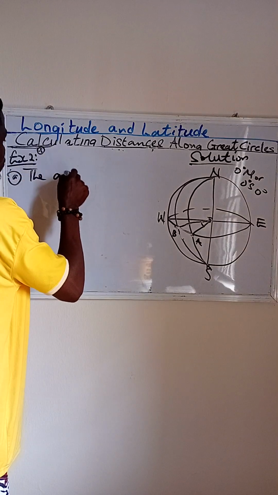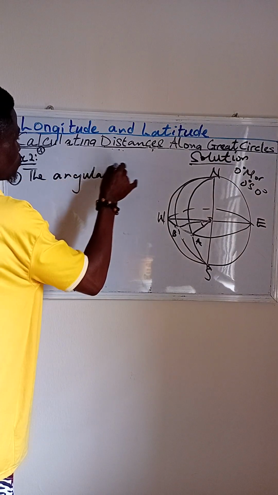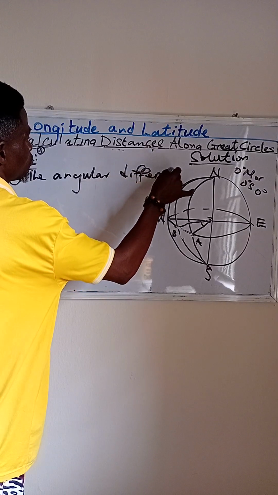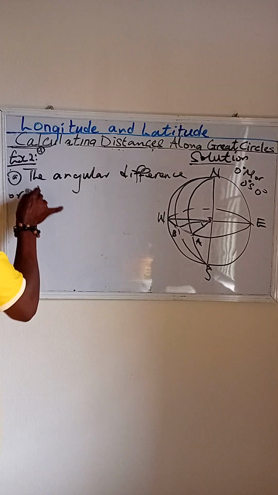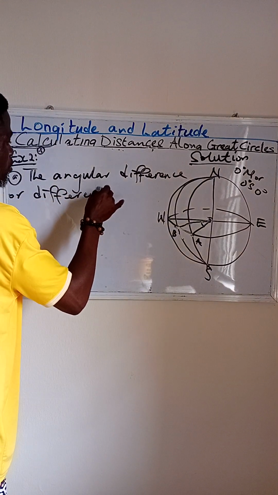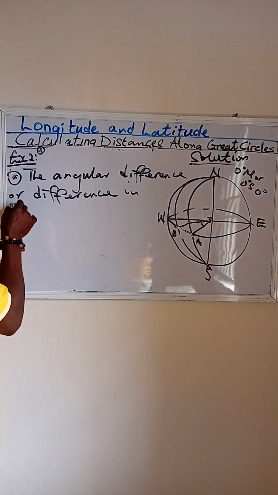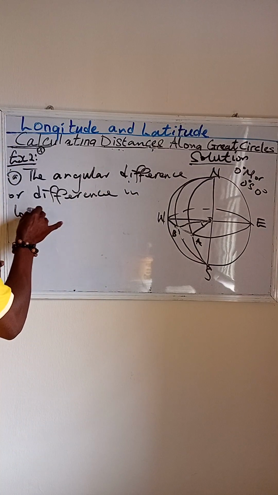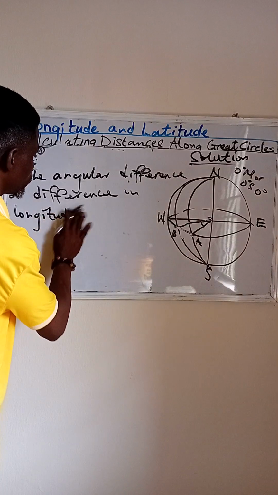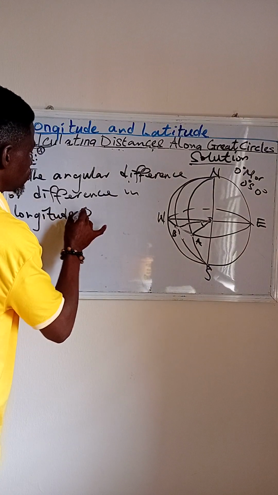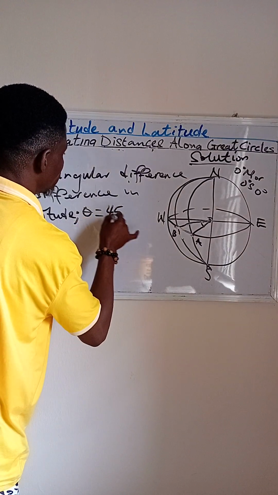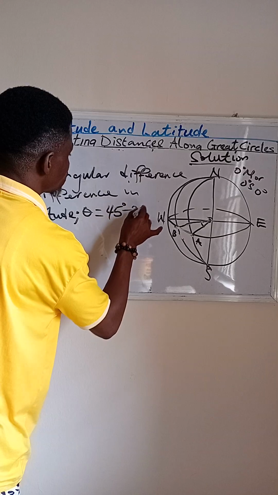The angular difference, or difference in longitude, is going to be 45 degrees minus 20 degrees.